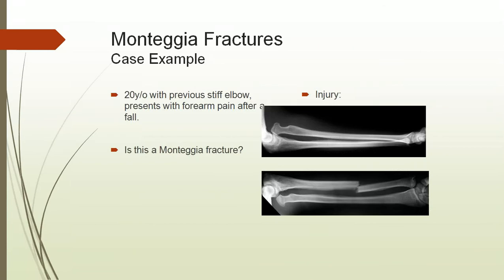So this is also one example of this Monteggia fracture. So can you say it's a Monteggia fracture or not? For this X-ray, what is this X-ray? Tell me. I will give you three options: Monteggia fracture, isolated ulnar fracture, another one is a Galeazzi fracture.